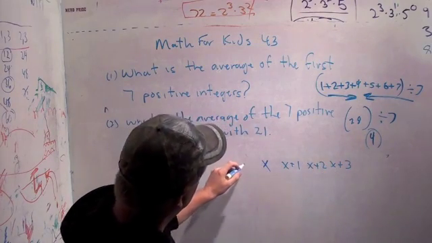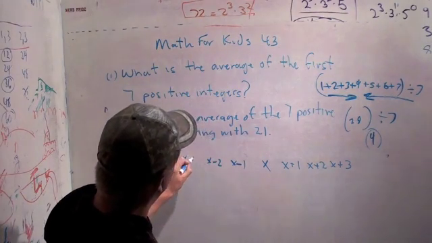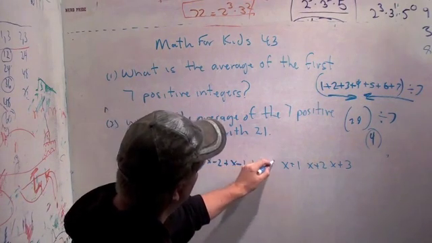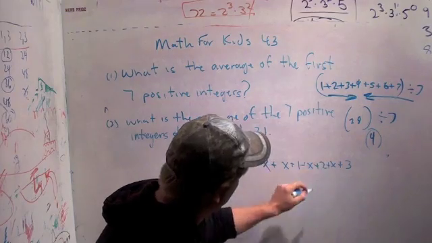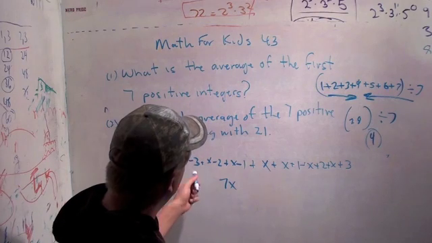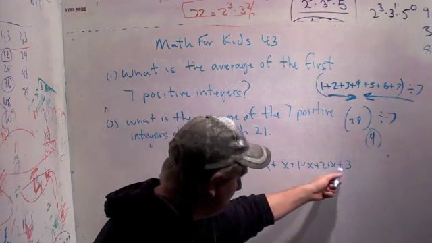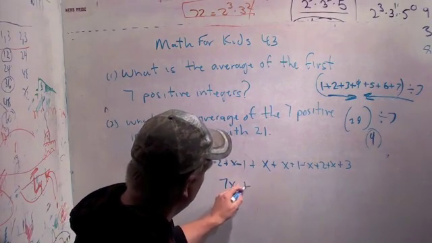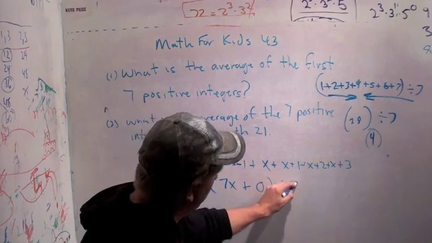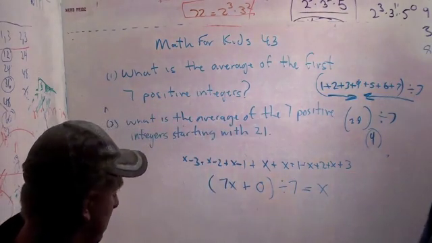And then we can go backwards this way: x minus 1, x minus 2, x minus 3. And if we add these all up, what would we get? How many x's do we have? 7x. And then minus 3, minus 2, minus 1, 1, 2, 3, so that's just 7x plus 0, divided by 7 is just x. That's actually pretty neat.